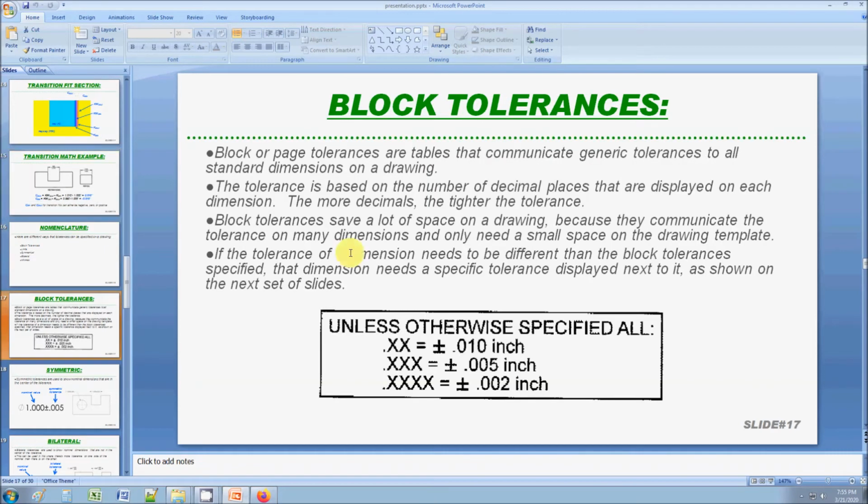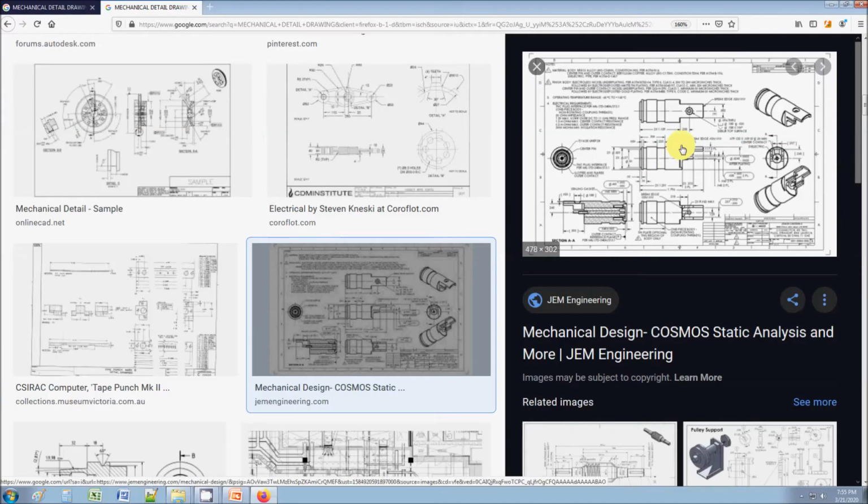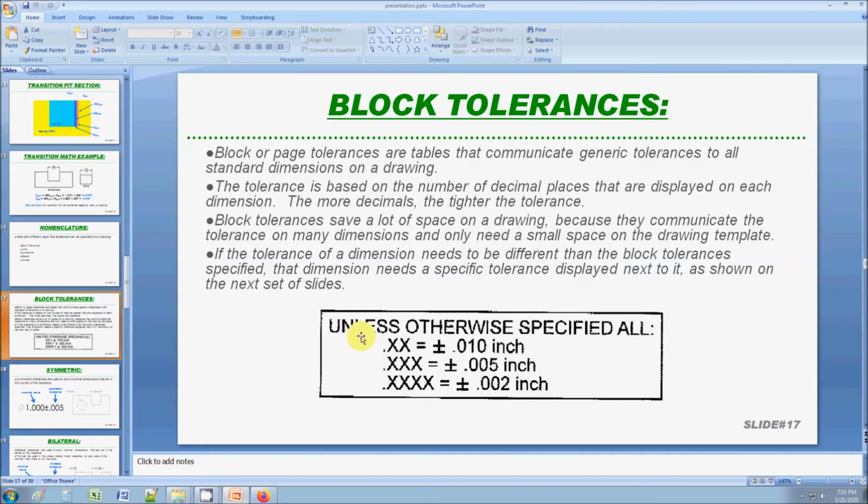So the first way you can do that is through block tolerances, as you can see here. When you look at a detailed drawing, there are a lot of dimensions. You don't want to put an upper and lower limit on each of these numbers. That's going to take too much space. So instead, you put a block tolerance, and it says that if a dimension is displayed with 2 decimal places, the tolerance is going to be plus or minus 0.01 inch.